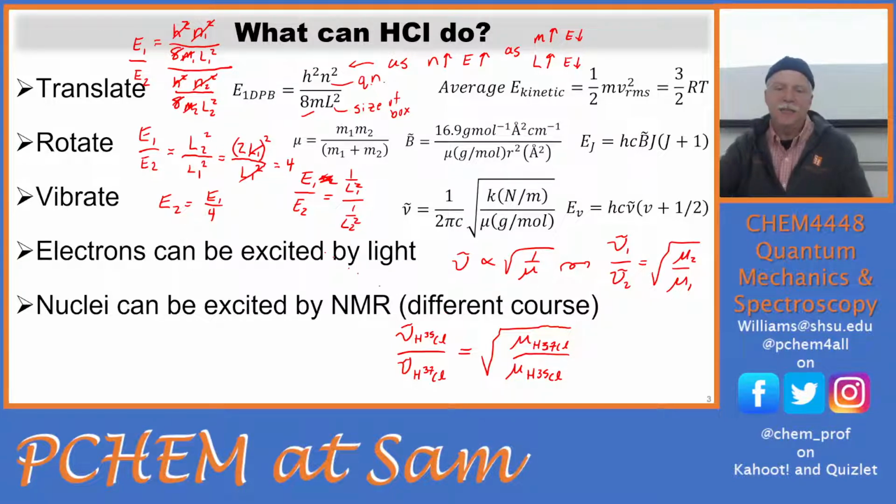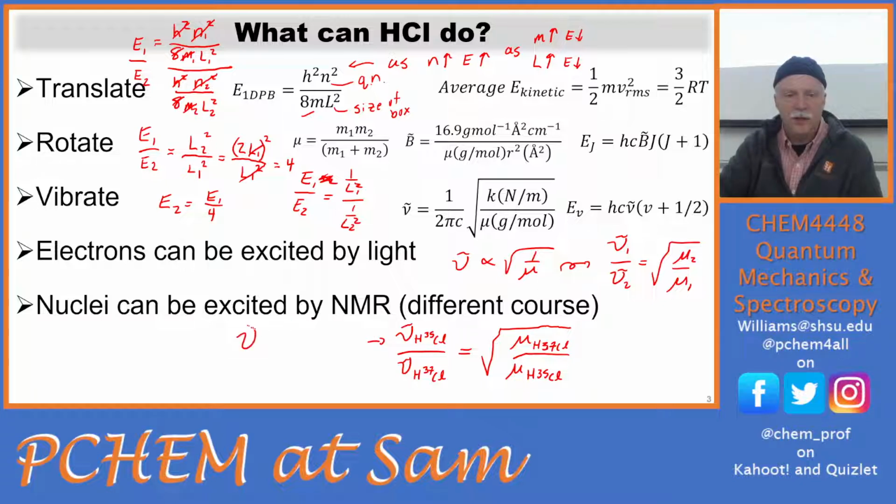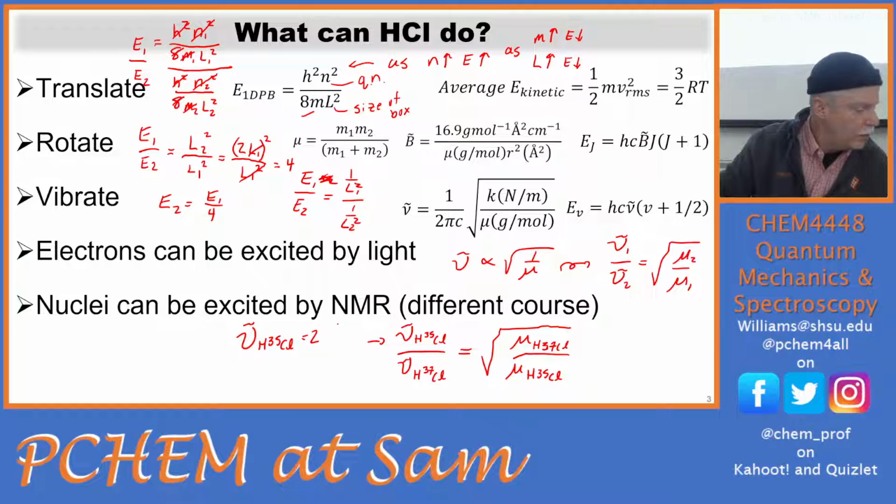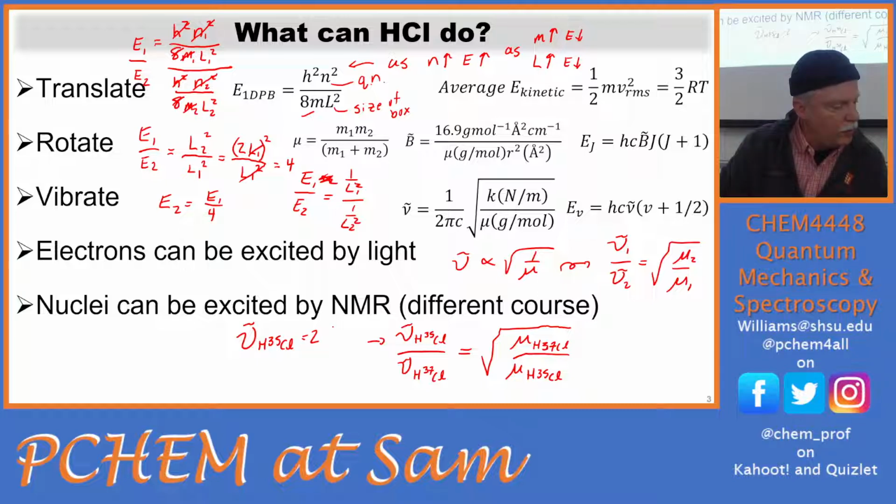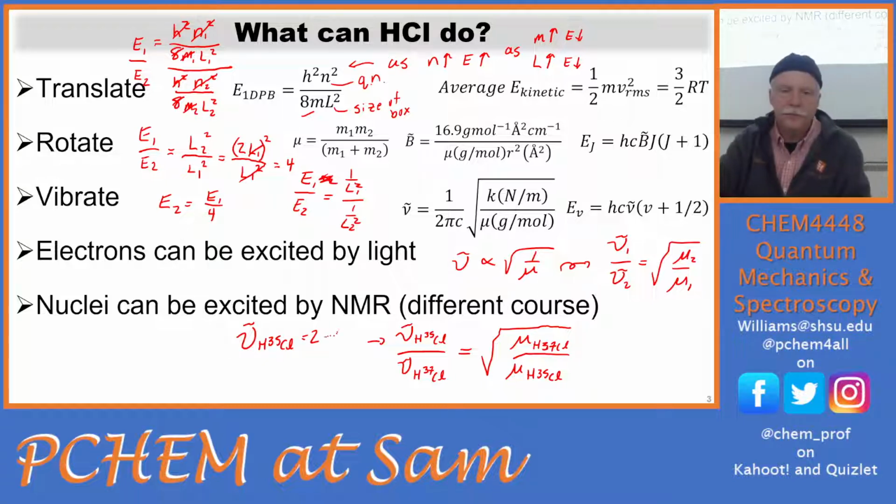Not going to be much change. Now we looked up, I think it was on a homework, the vibrational frequency for H35Cl was like 2830, say. Let me see if I've got it in here. 2850. All right, so we know this number here. We can calculate all these others.